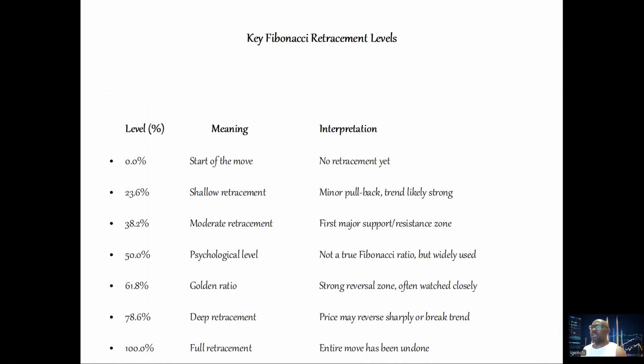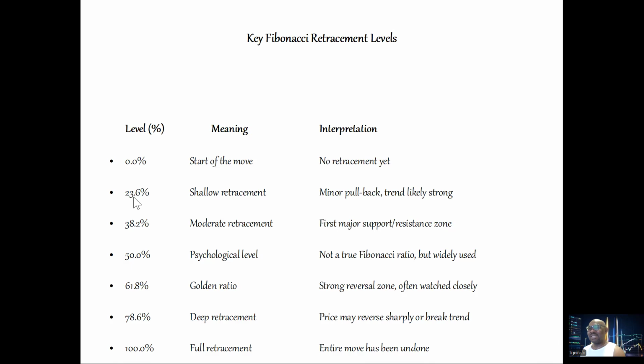I hope you guys can see my chart. Okay, so let me pull this from here. Now we have key Fibonacci retracement levels. All right. The levels are 0.0, that is 0.00%.